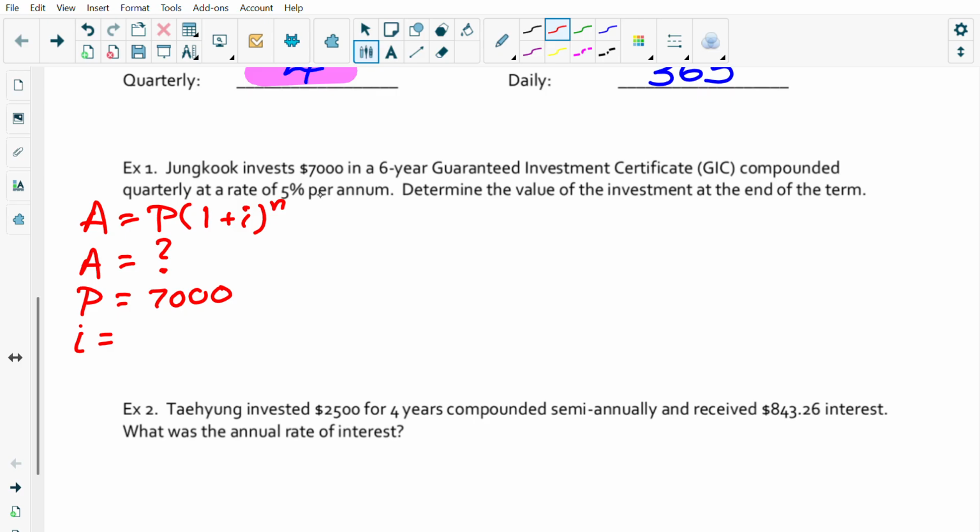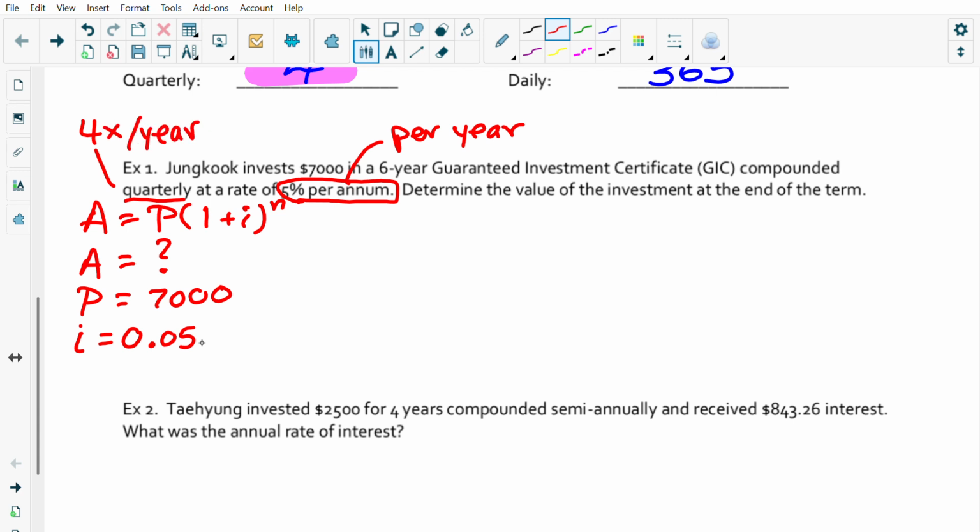The interest rate, 5% per annum. Per annum is just per year. That's just a fancy Latin word for year. So if it's 5%, remember I have to write a decimal all the time, and it's compounded quarterly. That means 4 times per year. Then I take my annual interest rate of 0.05 and I divide it by 4, and I get what?